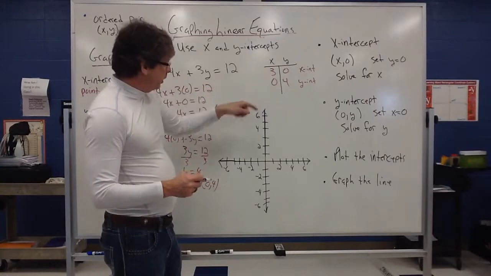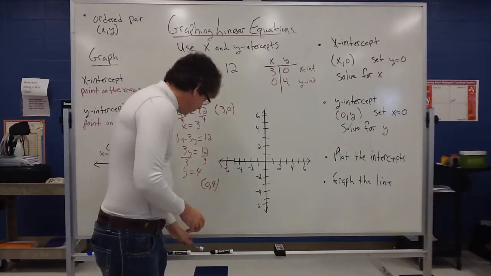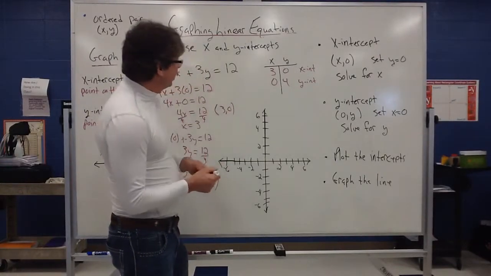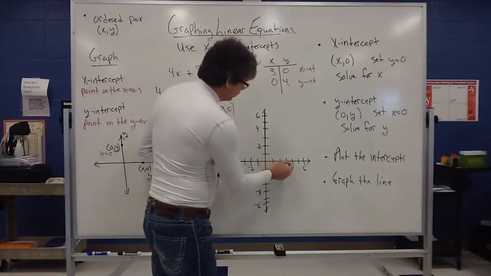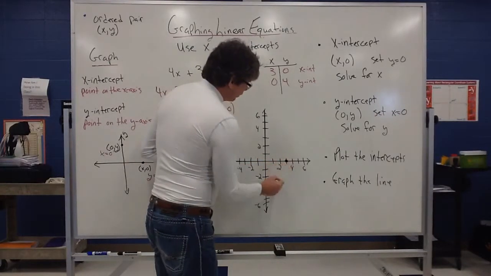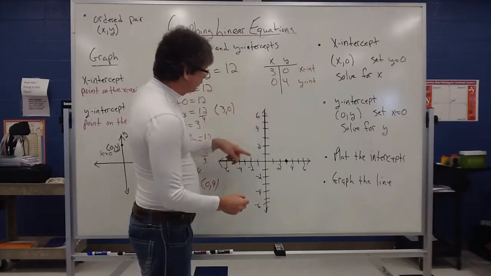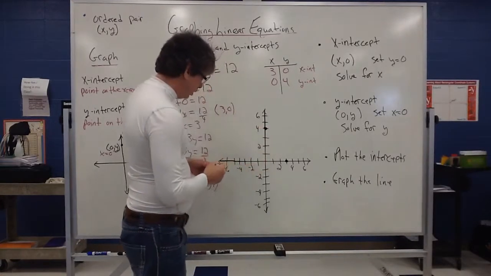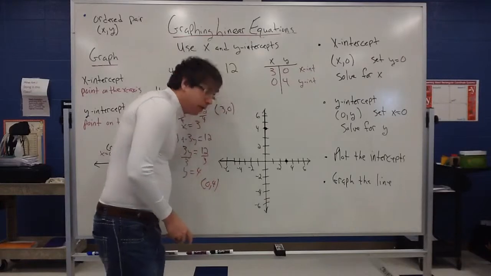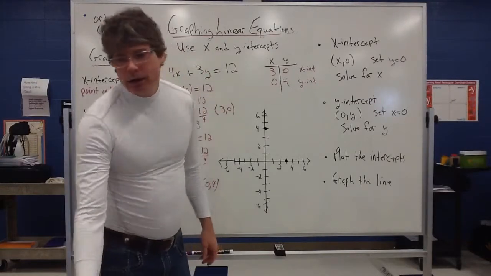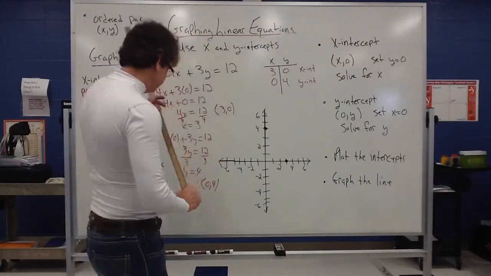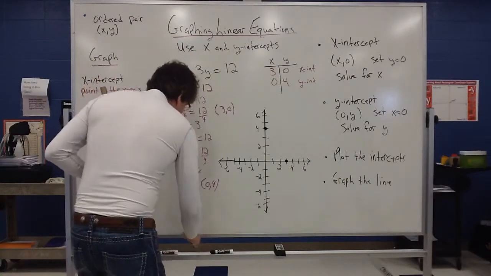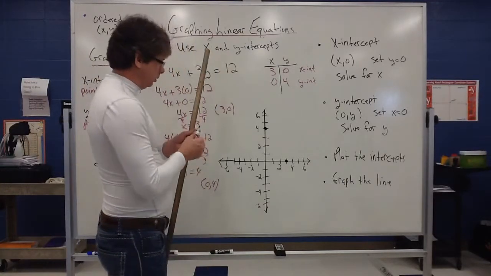So when I graph the intercepts, we see that 3, 0, going 1, 2, 3, would be here. That's my x-intercept. My y-intercept would be 0, 4. That would be locked in there. And now, the line is just going to be drawn through those two points.